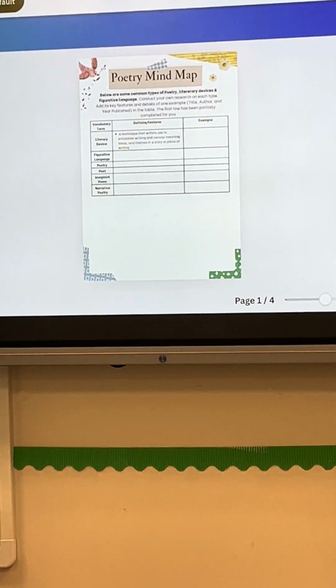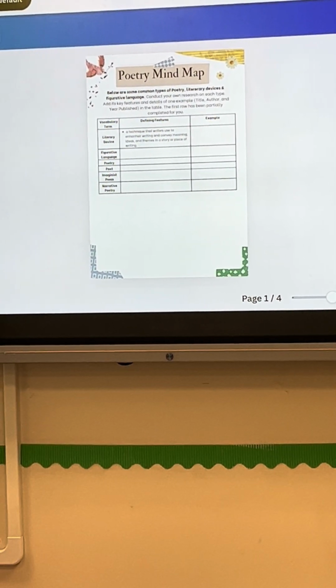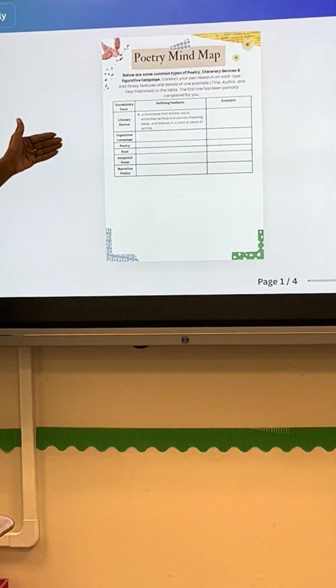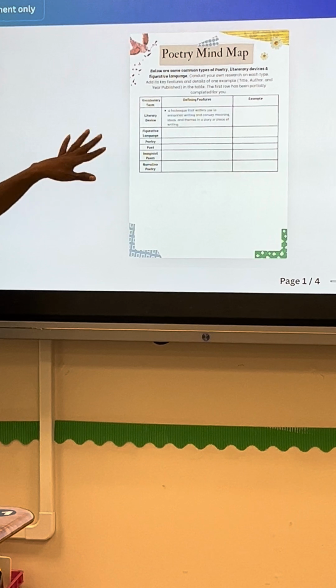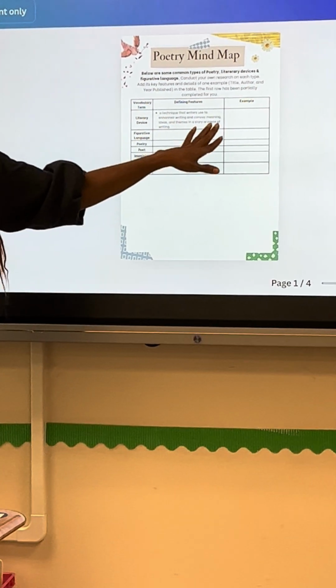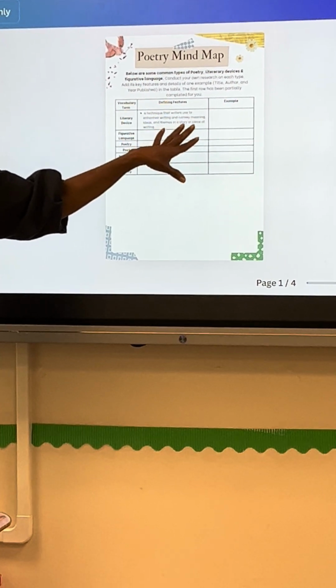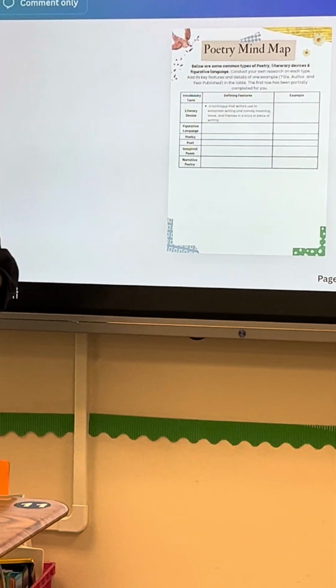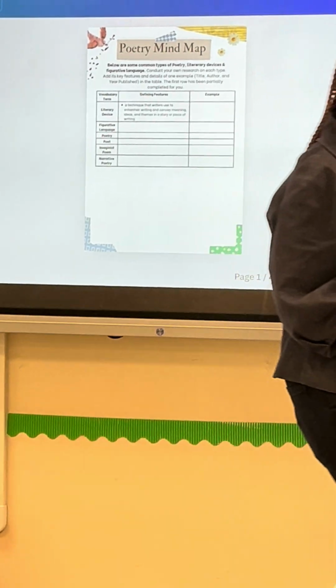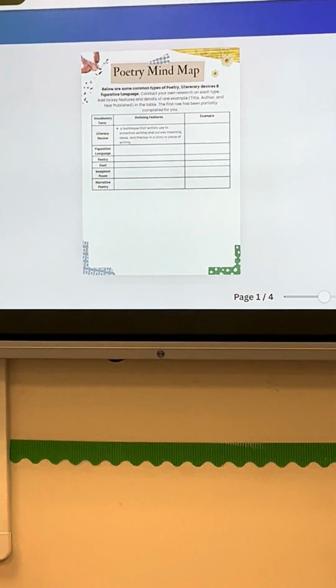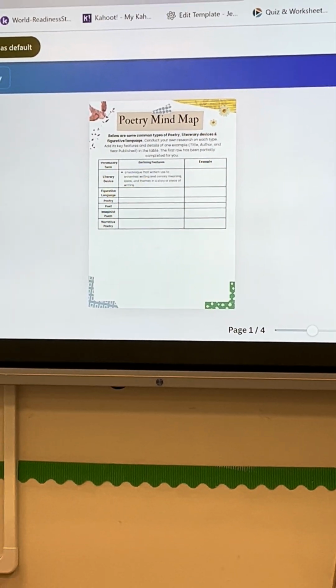So what I want you to do is research the internet for these different literary terms. And right now, let's just do maybe 1 or 2. I'll give you a few minutes to do that. And then I want you to either draw a picture of what you got out of it. Give you about 5 minutes to do that. And then you guys can discuss in your groups as well.